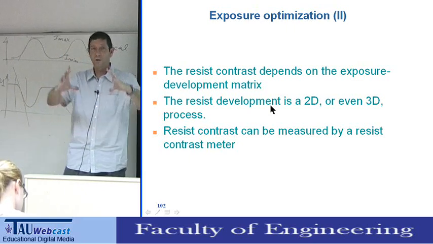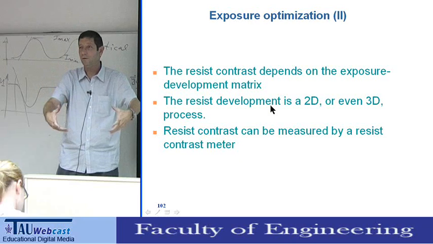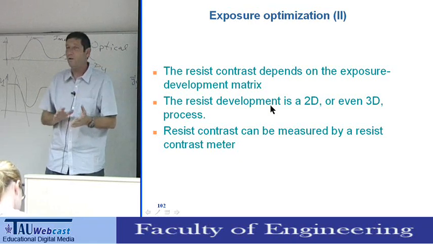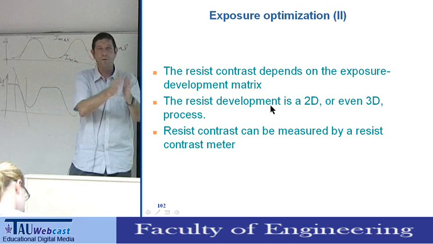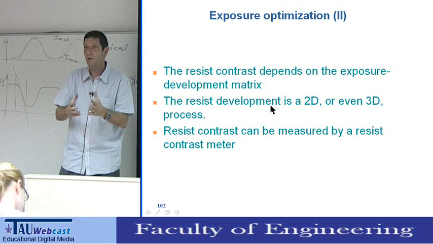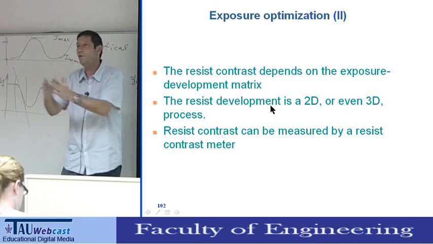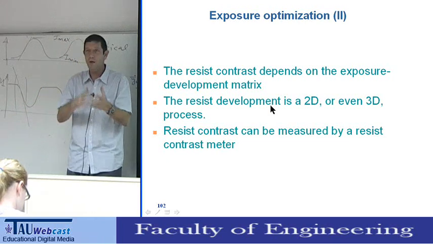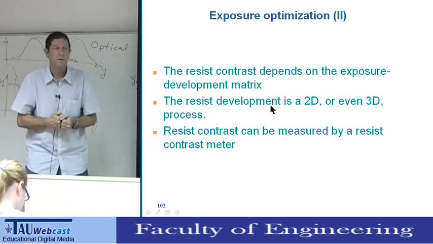Usually when you take the wafer and put it in a developer, for all the dies on the wafer you give the same time. So usually you run a few wafers, and each wafer you expose with a different dose, and each wafer you develop for a different time. At the end of the day, you measure the results.